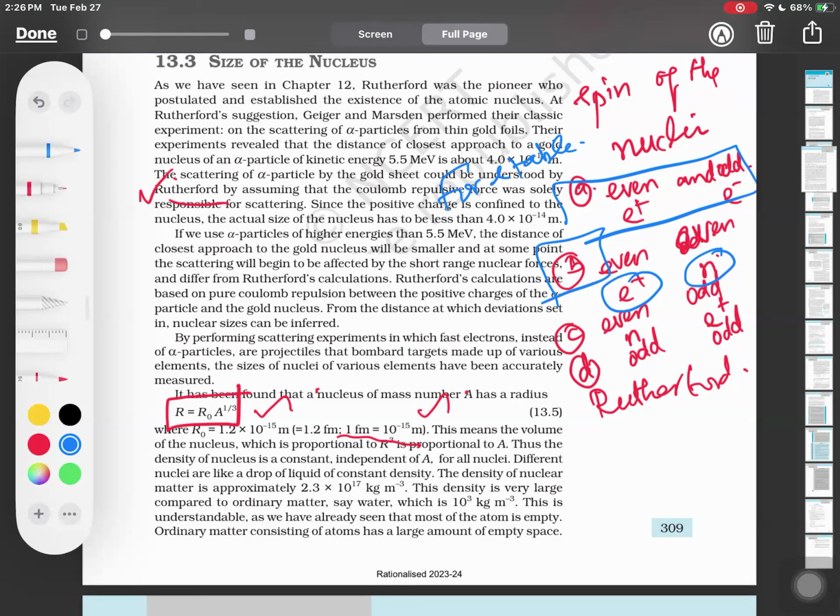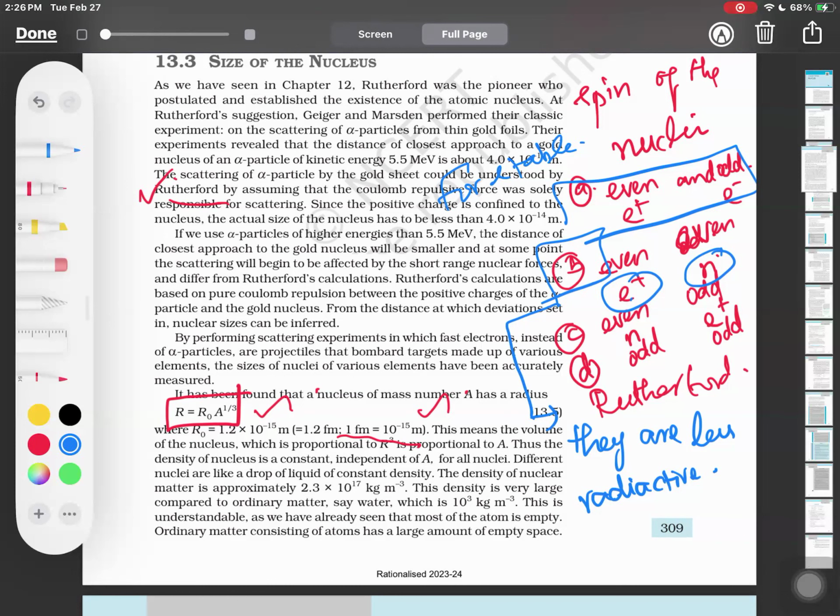That is the meaning. If there are even number of protons and even number of neutrons, that is a valid reason they are less radioactive than nuclei containing even number of protons and odd number of neutrons. Then, if the internal energy of the nucleus is high, then it is radioactive. It is given.